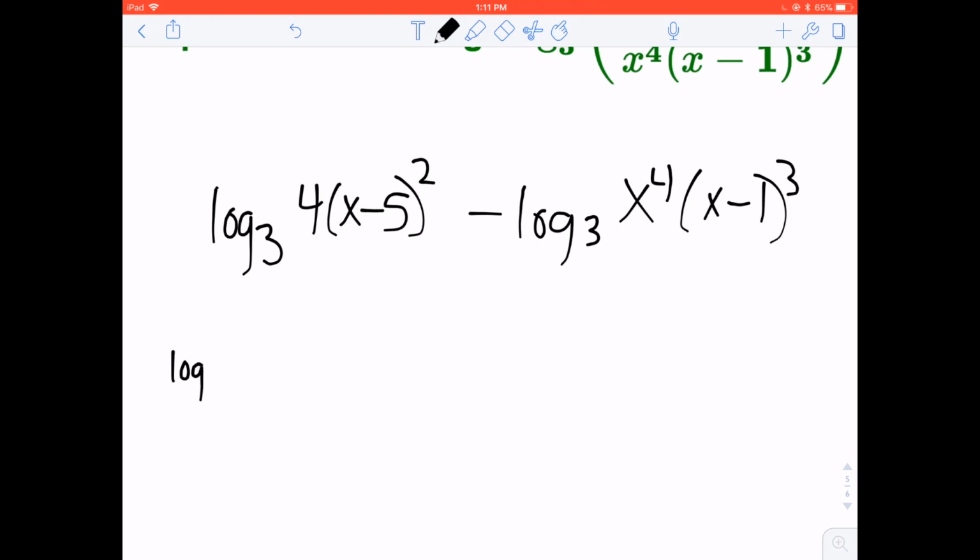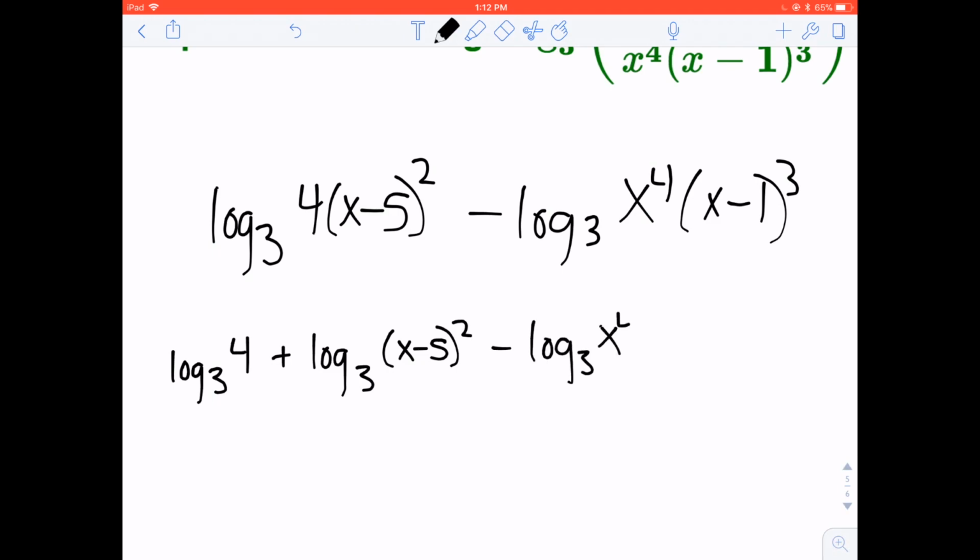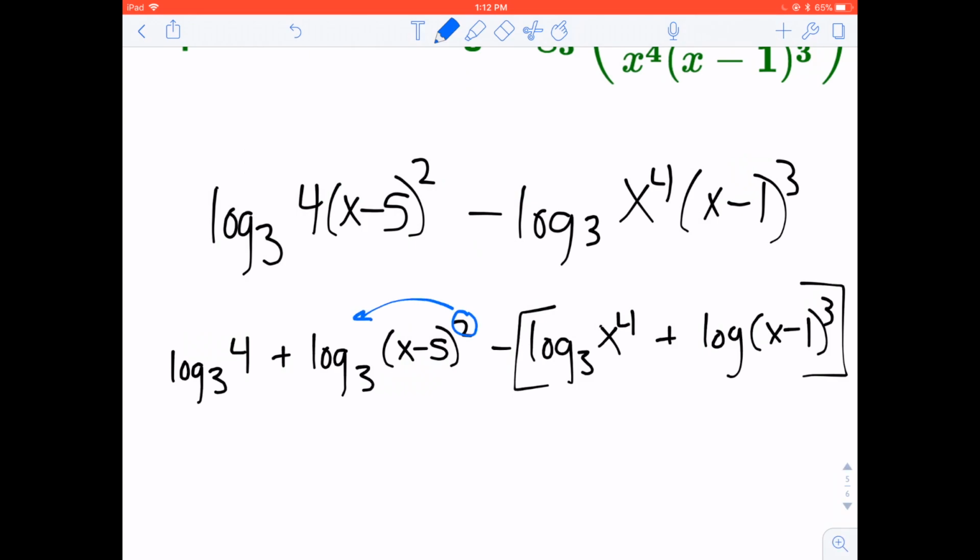So I have log base 3 of 4 plus log base 3 of x minus 5 squared, minus log base 3 of x to the 4th plus log of x minus 1 to the 3rd. Make sure you keep this in parentheses because we're subtracting the whole thing. Then I would just move all my exponents out to the front, okay, and distribute this negative.